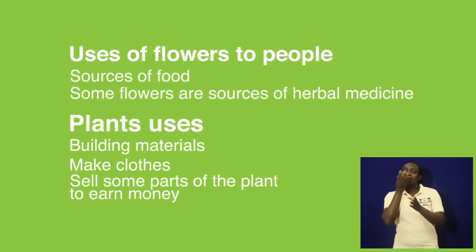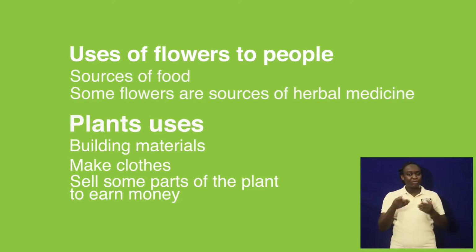So we are saying we sell these to earn money. So dear my friend, we continue to look at the flowers as very useful to the plant and to the people. We therefore need to protect them in all places of our environment.